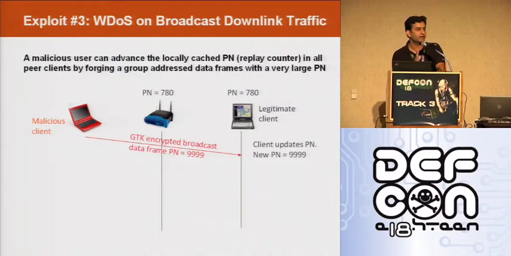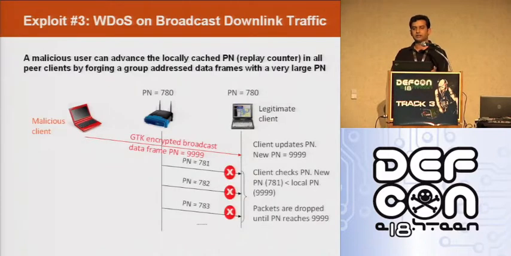The access point has no idea about this change which has happened on the client device. So the access point will send broadcast packets as per its own traffic stream. The last packet sent by the access point was 780, so next time it will send 781, 782, 783, and so on.